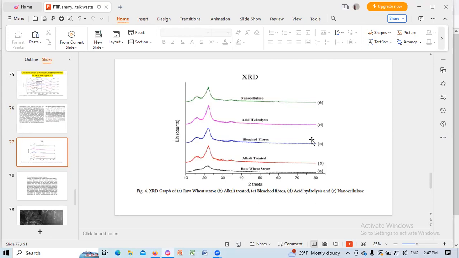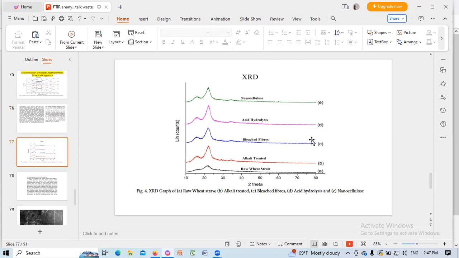This XRD curve shows the diffraction angles 16 degree, 22 degree, and 35 degree, indicating that the extracted nanocellulose adopts a crystalline structure formation.